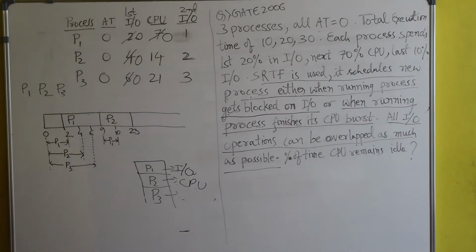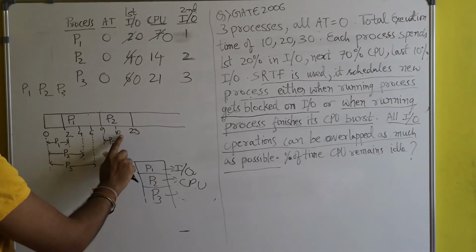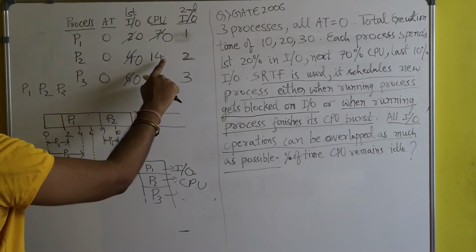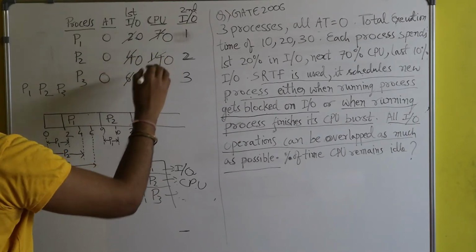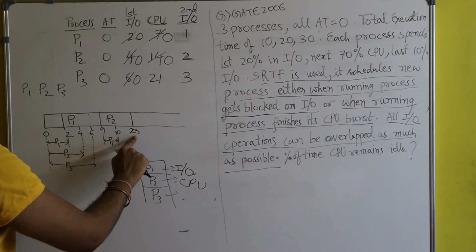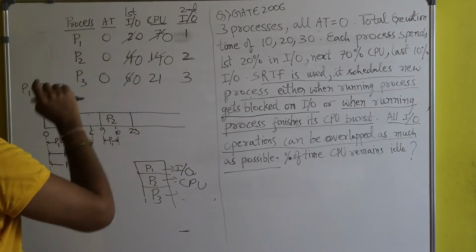Okay, fine. And also see here one thing. By the time P2 completed its CPU burst time, here I will make it 0. Why? Because P2 has fully completed its CPU burst time from 9 seconds to 23 seconds. It means no CPU time is left for process P2.